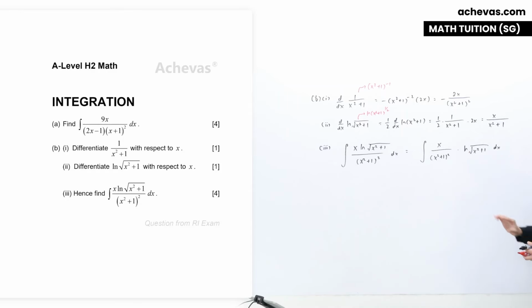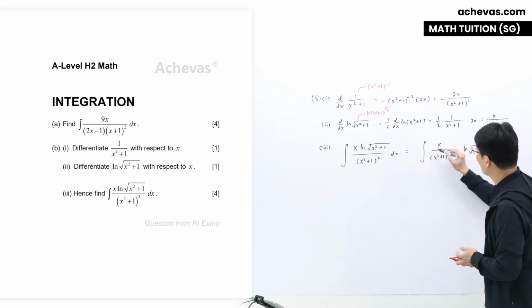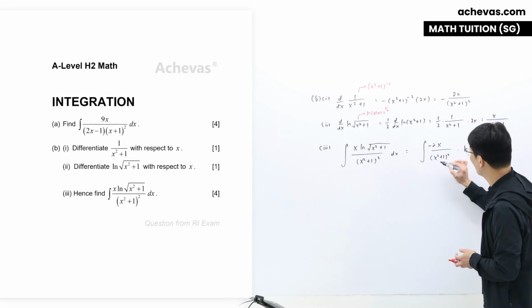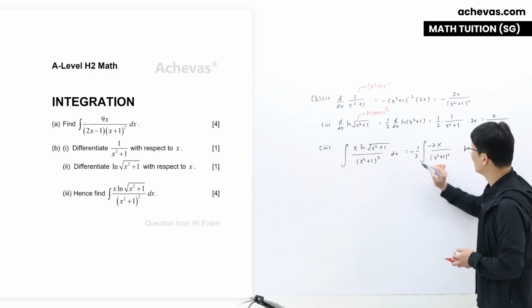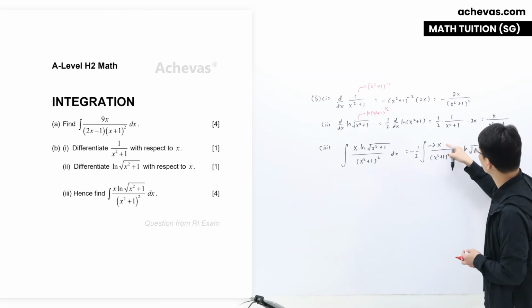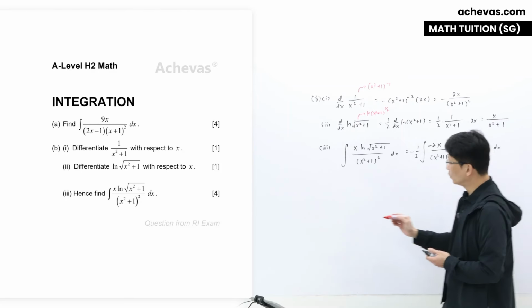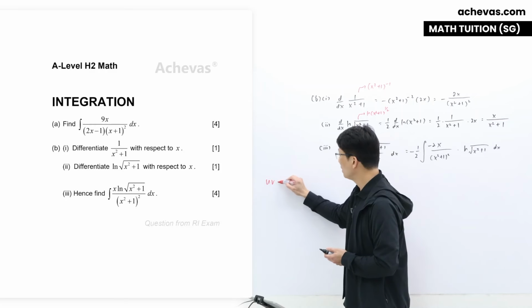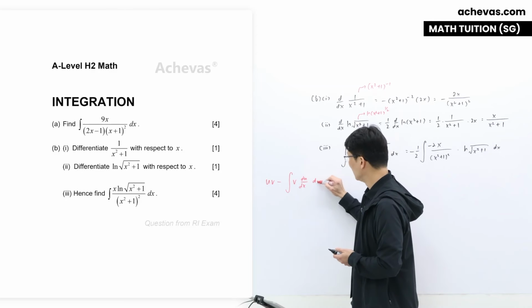We can easily make it look exactly the same as this by adding a minus half here, adding a minus 2 here, and adding a minus half here. So now this term is the same as this. Now for by parts, we are going to use the formula uv minus integration of v du/dx dx.